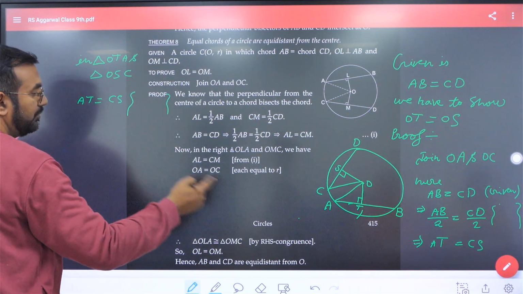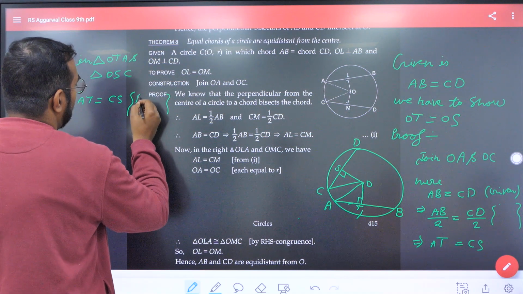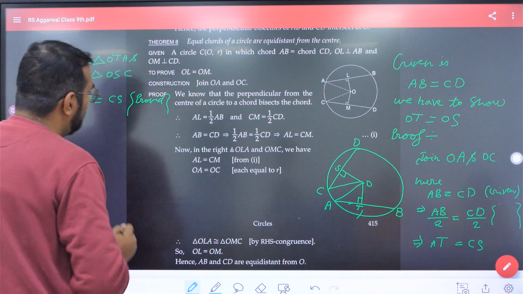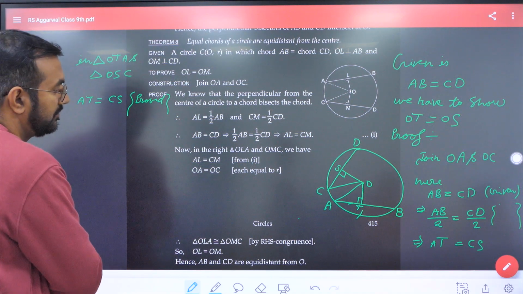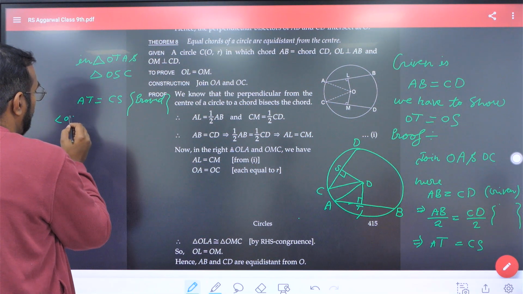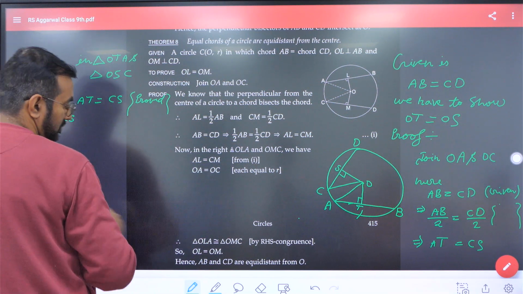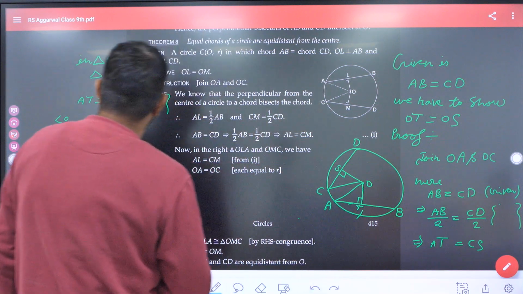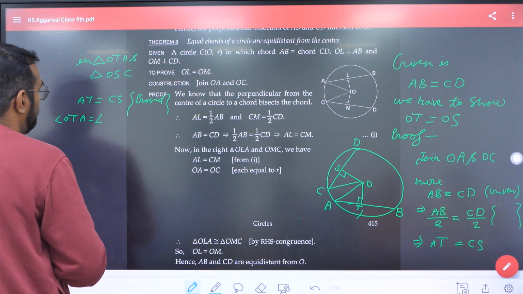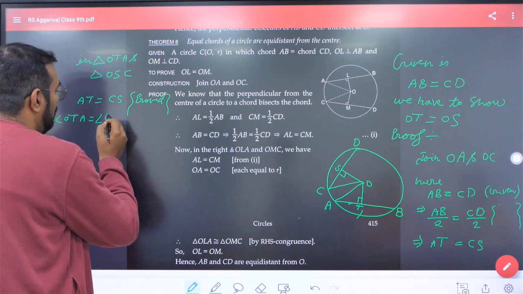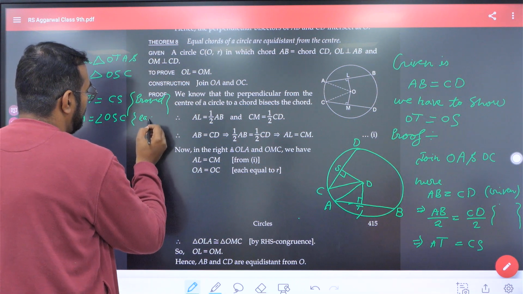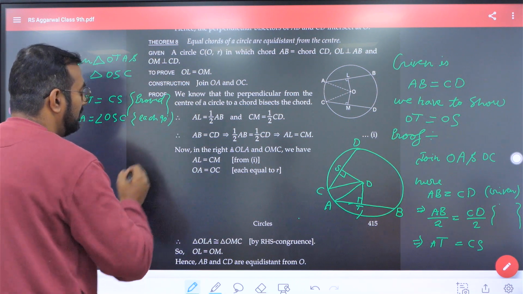Reason proved above, right? And angle OTA will equal angle OSC, each 90 degrees, right?